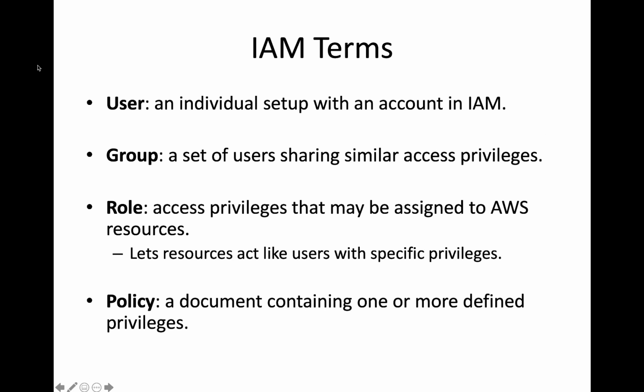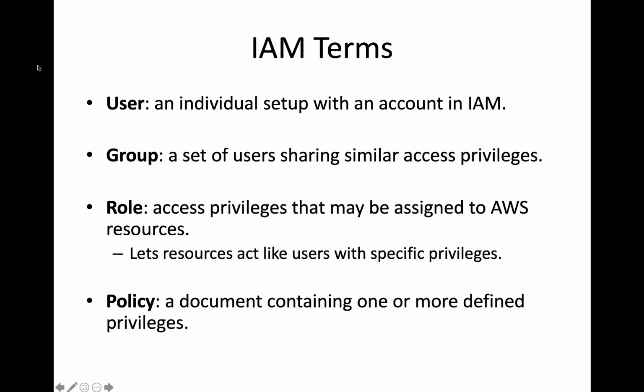You can go in and create additional users, not just for yourself, but for other team members, so that they can also access that same AWS account. A group is a set of users that share a similar set of access privileges. You might have a group of users for administrators, a group for your software developers, a group for your security people, and so on and so forth.